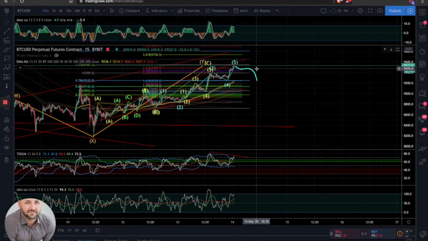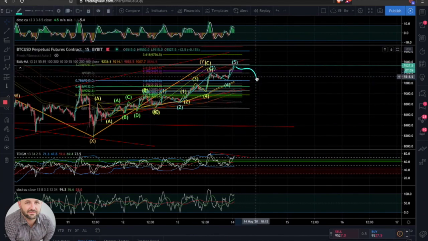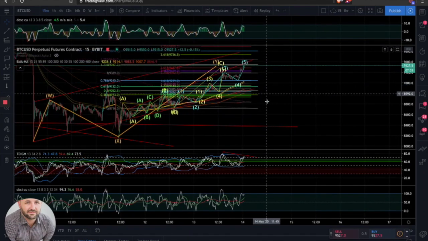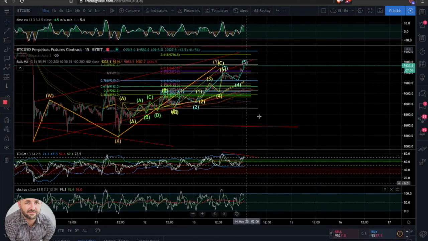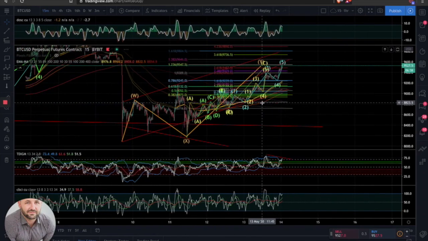And this little last leg up was our fifth, saying that this is done. Again, we had a little overextension here on both, but the bear count would be saying that this is pretty much done, and we're going to roll over and get our correction here.